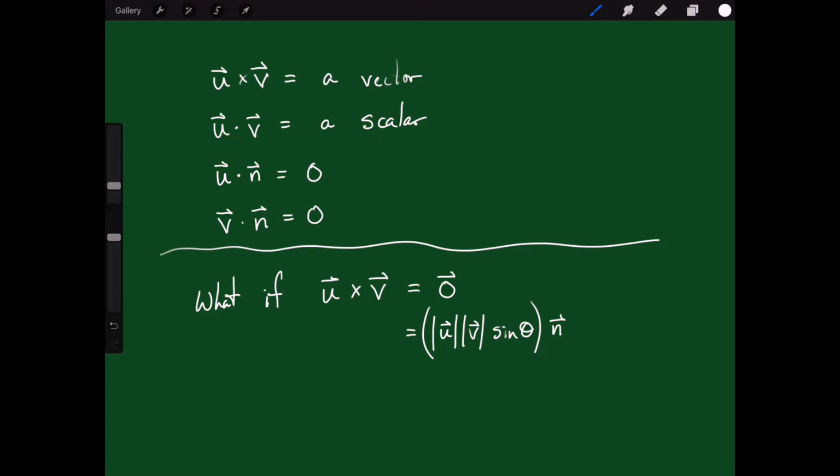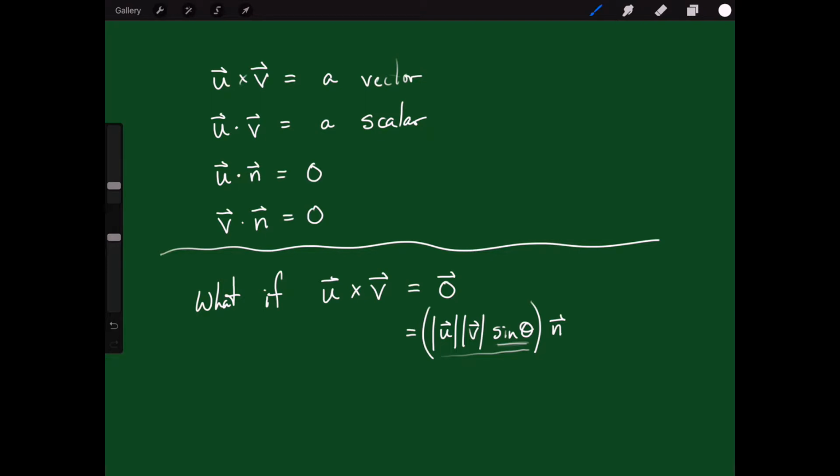Now, how could this be the 0 vector? Well, if n is orthogonal in some way, then it is not the 0 vector. So that means that we're talking about the magnitude here is 0. Well, if u and v are both not 0, then that means that sine of theta must be 0. But if sine of theta is 0, then theta is 0, and these things are parallel.